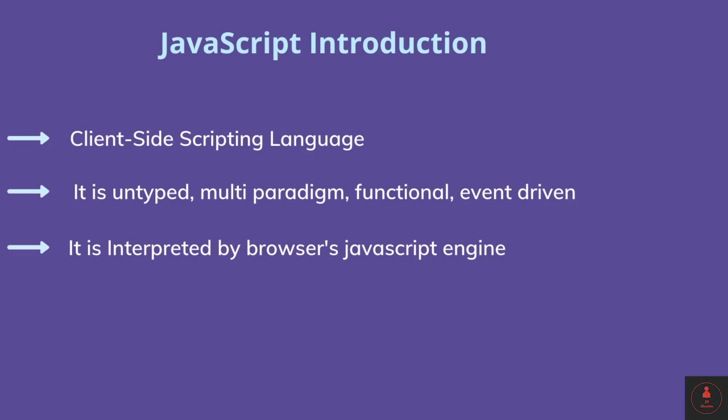That JavaScript engine is actually able to execute the code which is written in JavaScript. And make sure while doing this, JavaScript must be enabled for that particular browser. Only then will you be able to see the execution of your JavaScript code.